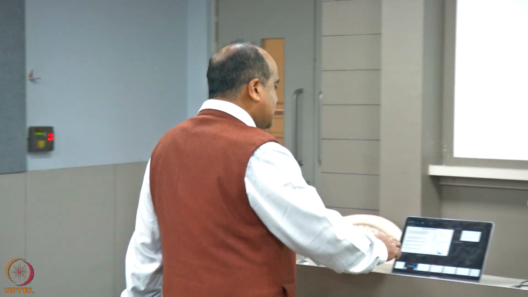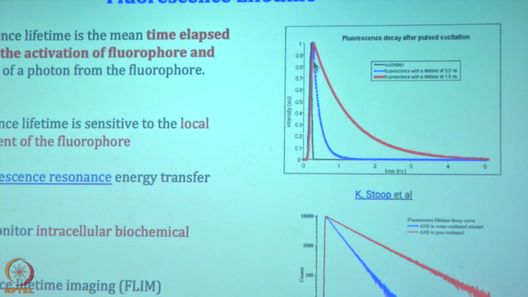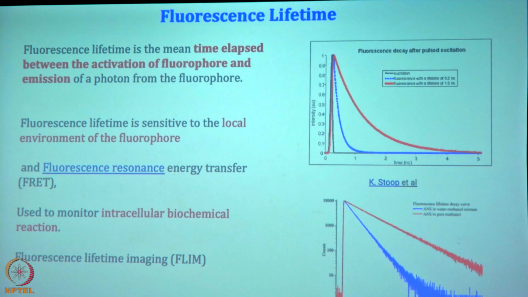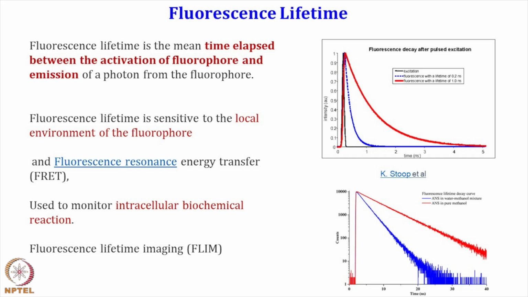While we are exciting, if you look at the excitation I am doing here, I am exciting with a laser pulse, you can see it is a very sharp line. I am exciting with a laser pulse and detecting how it decays. If it is decaying fast, it is a sharp decay. If it is decaying slow, the lifetime is longer, right. So, that is one way.